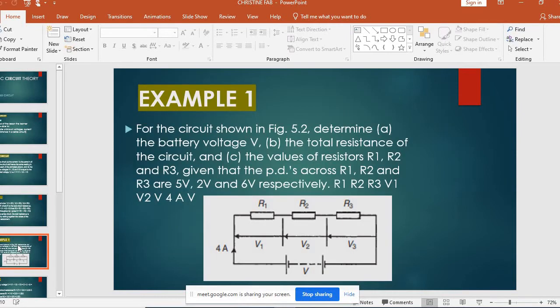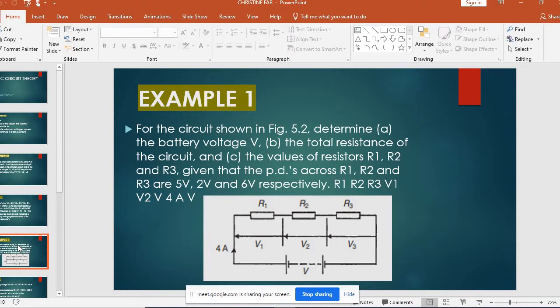So we have example 1. For the circuit shown in figure 5.2, determine A, the battery voltage V, B, the total resistance of the circuit, and C, the values of resistance R1, R2, and R3.